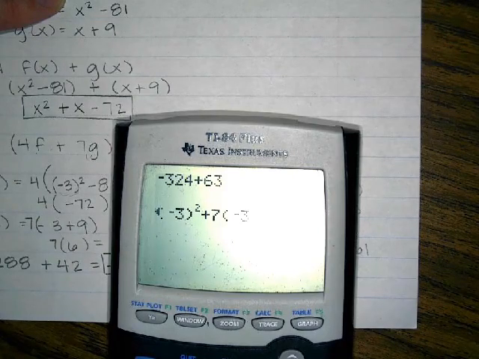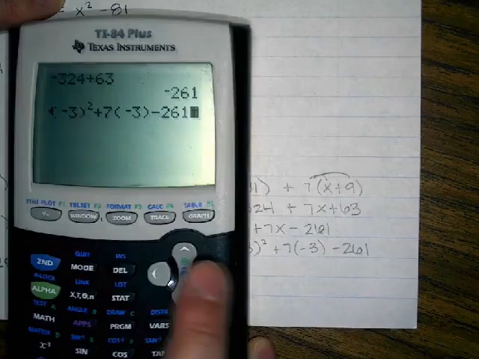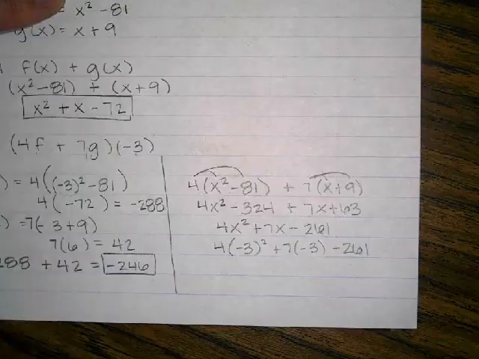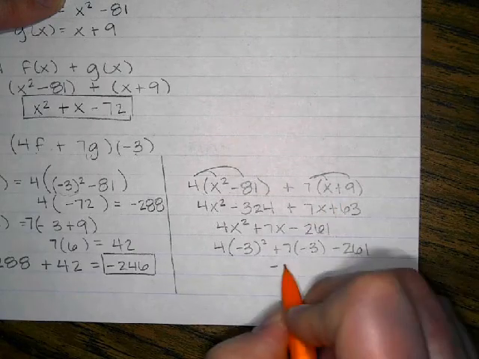What should we be getting? We should be getting negative 246. Okay, did you guys get negative 246? Negative 246? Yep, perfect. So another way of doing it, which way do we prefer?